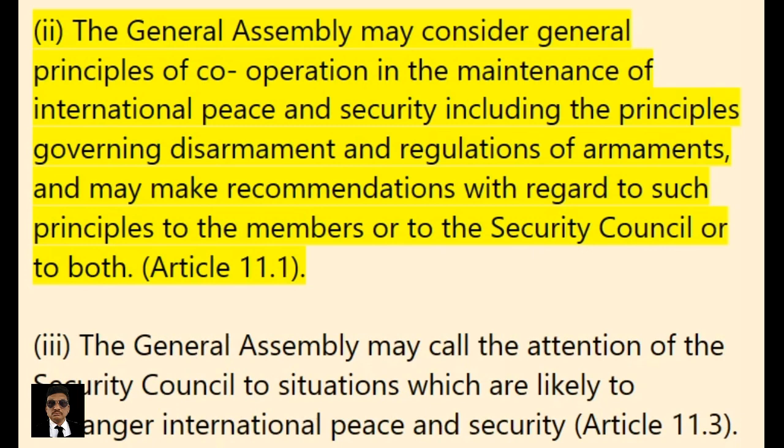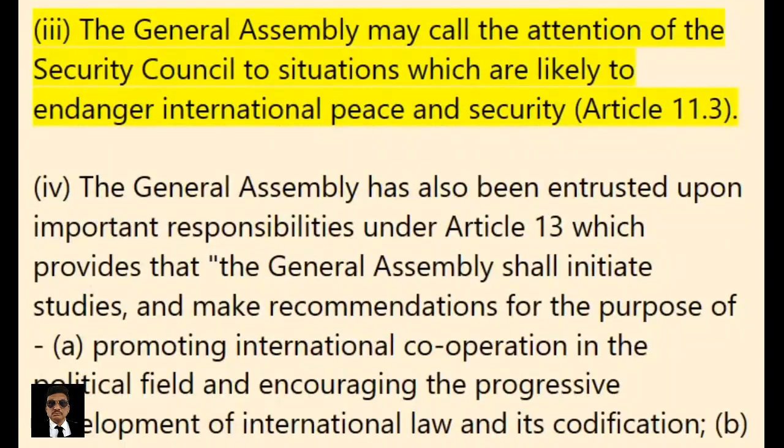Article 11.1. 3. The General Assembly may call the attention of the Security Council to situations which are likely to endanger international peace and security. Article 11.3.